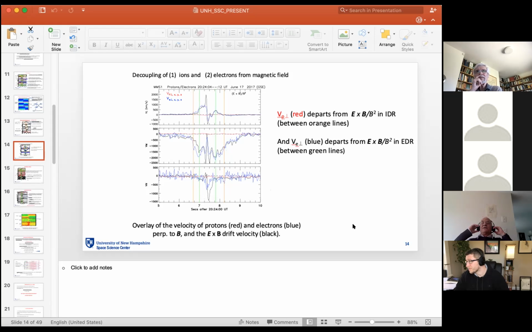One other reason that there may not be such a huge difference in the sizes is that MMS cut a little bit further downstream, like Charlie was showing, and so the electron exhaust, the electron parent sheet, had opened up a little bit. Oh, okay, now that would make sense.